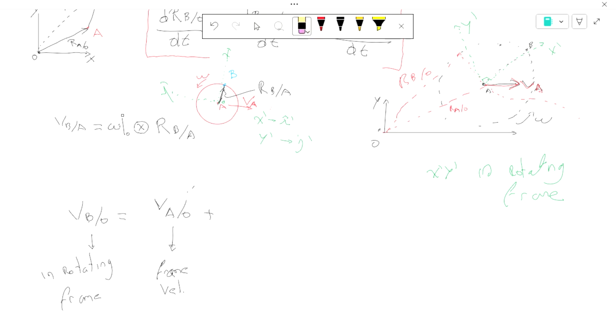So it is the angular velocity of the frame cross the distance of B to A.